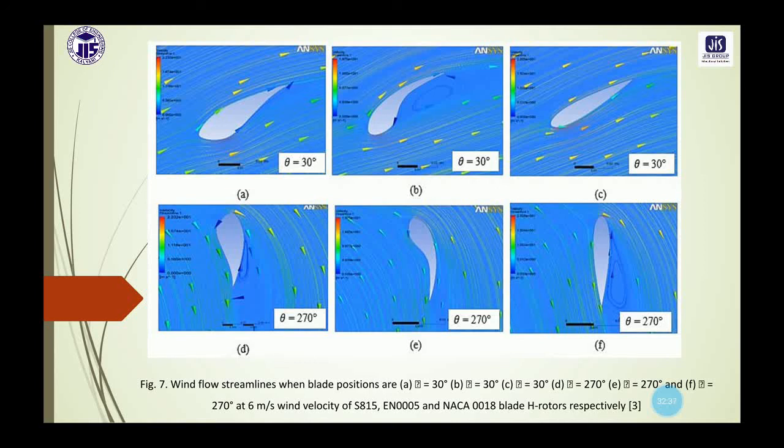Based on this boundary layer separation and the formation of vortices, we need to analyze the reason, so that we know whether the blades are capable of generating enough lift coefficient or not.